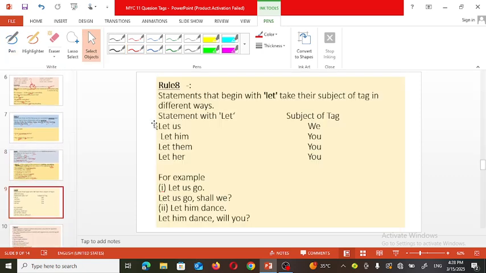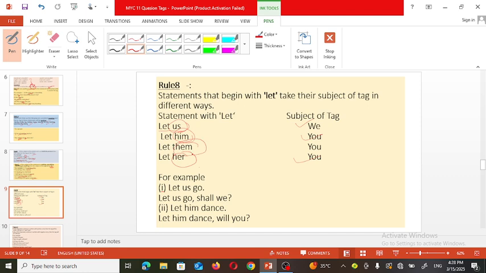Okay, now see the next rule. For statements that begin with let, take the subject of the tag in this way. For example, let us. Let us means we; instead of us, the subject will be we. For him or her, in place of these two kinds of subject, we can take the pronoun you.